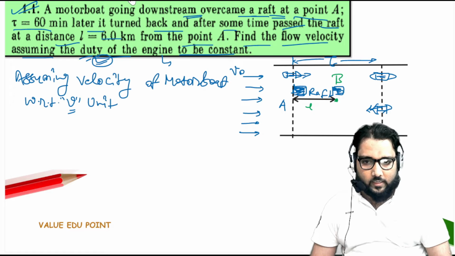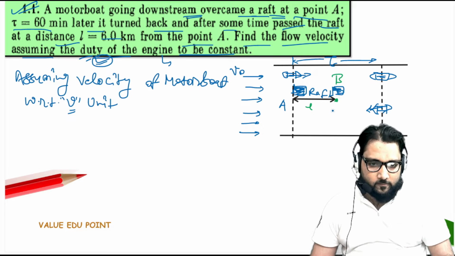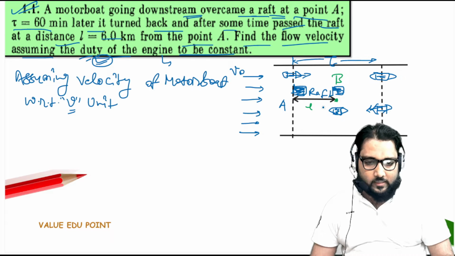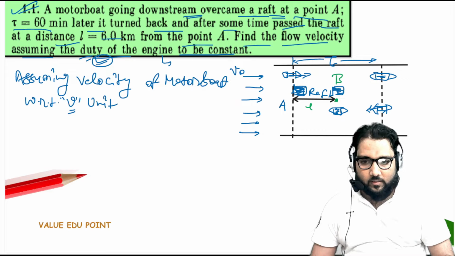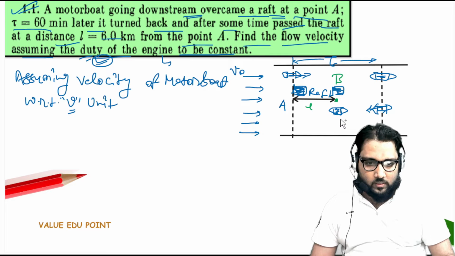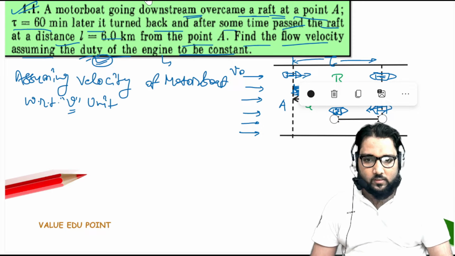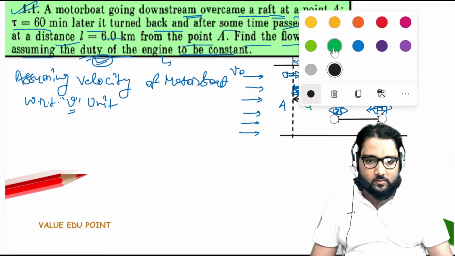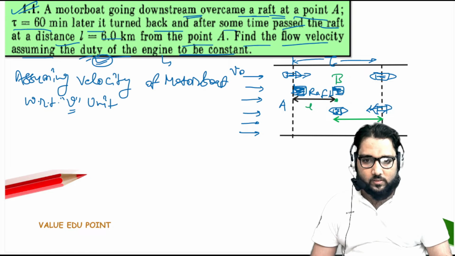At this point the motorboat again crosses the raft, and that is L distance from the point A. While returning, the distance covered by the motorboat is equal to this distance. We assume this distance is x.